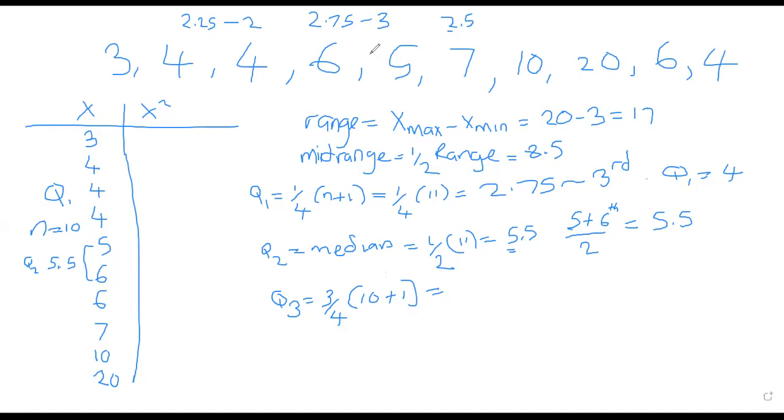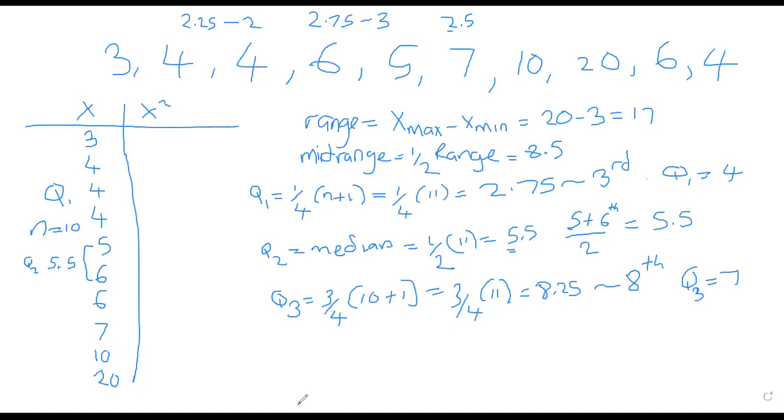What is 3/4 of 11? 8.25. Good. So we round off this to the nearest whole number, which is what? 8. 8th position. So which one's our 8th position here? 7. Great.